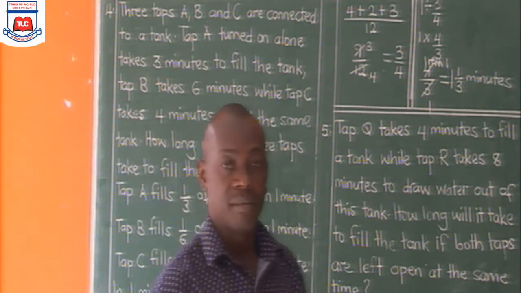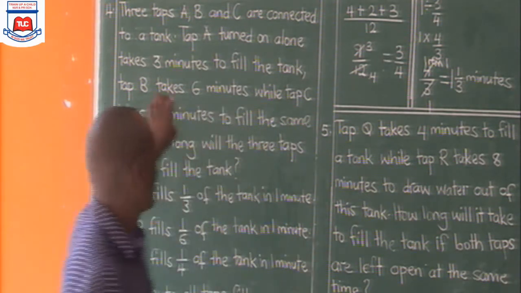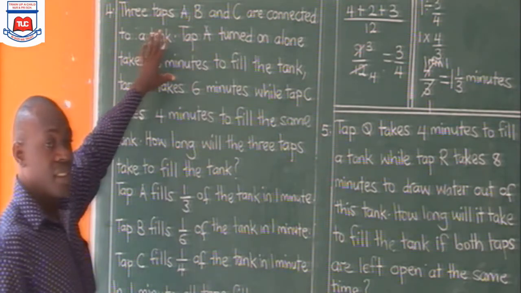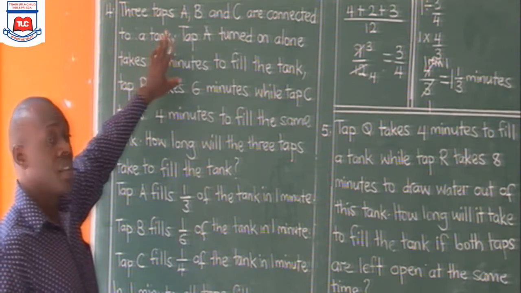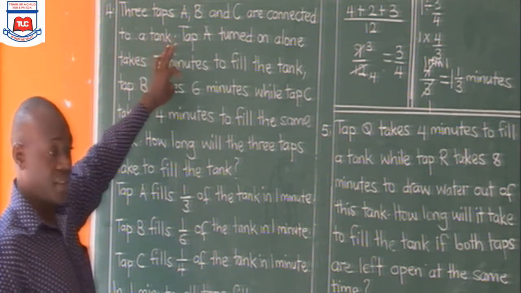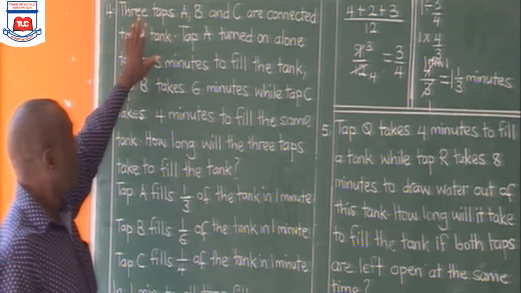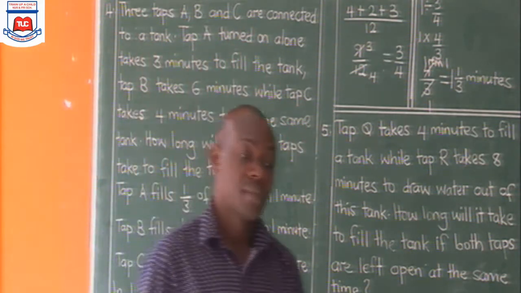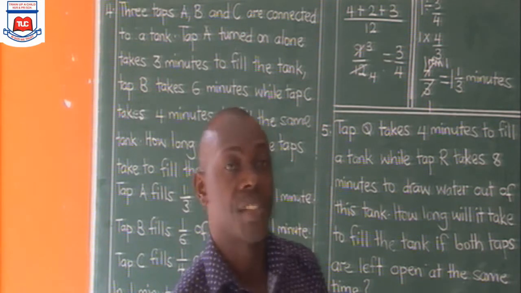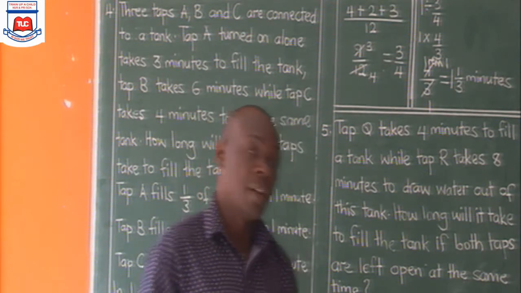Now, when you look at this question, you will find out that it looks like it's not connected to fractions. It is fractional. As we say, a fraction is a part of the whole number.